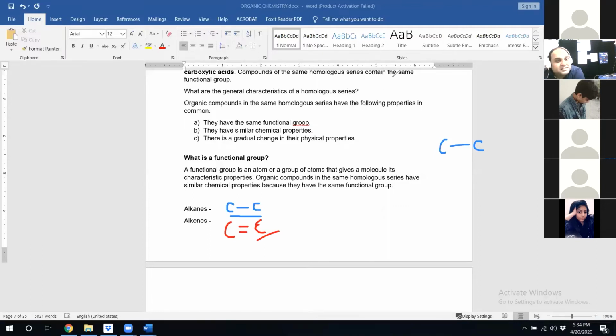So let's talk about methane, or ethane. Ethane is a better example. So ethane is C C H H H H H H. So this is ethane.